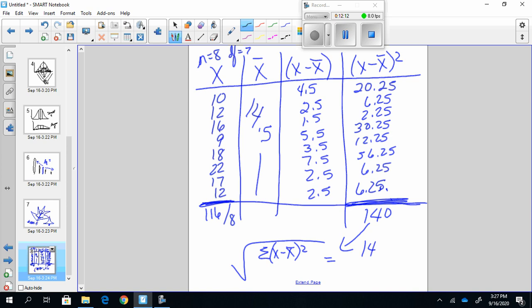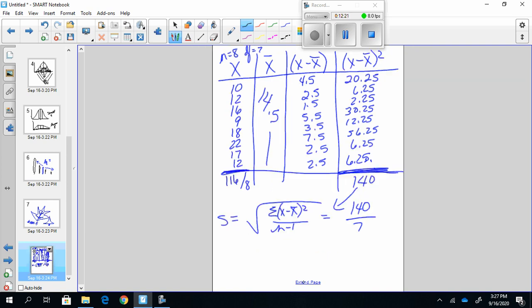So this is 140 over, so S was equal to this, n minus 1. So I had 8 in my sample size. 8 minus 1 is 7. All right, 140 divided by 7 is 20. So S is going to be equal to the square root of 20. I go punch it in the calculator, and I get 4.47.